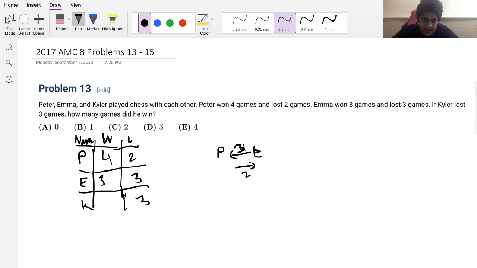Which means that Emma must have beaten Kyler once to satisfy her win requirement. Meanwhile, Peter won 4 games, but he needs to win 3. He only won 3, which means that Peter also needs to have won a game from Kyler.